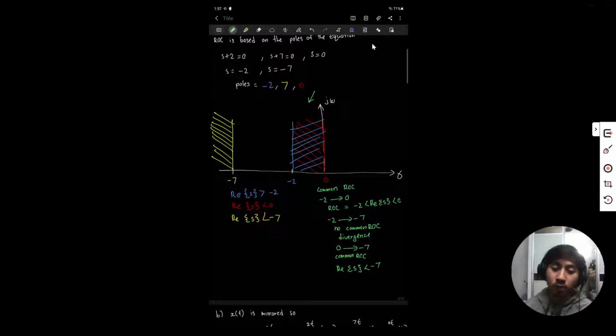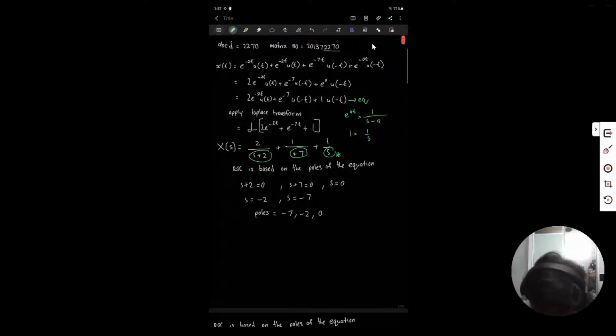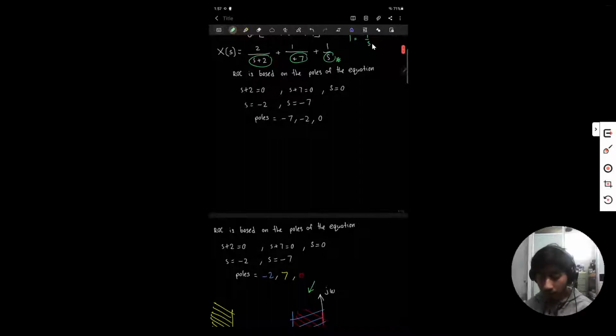So the ROC will become less than -7. To know if it's right side or left side poles, we can base it on this: U(t) means right side, U(-t) means left side.